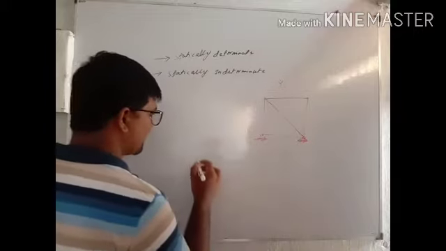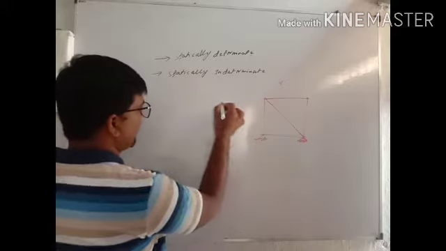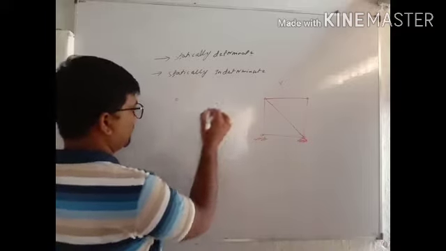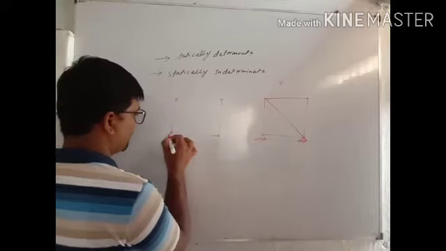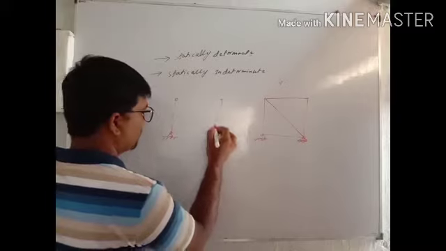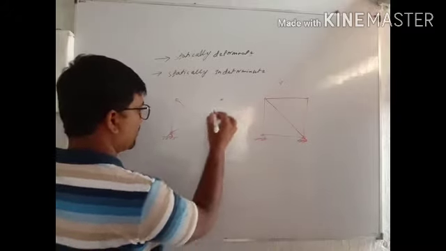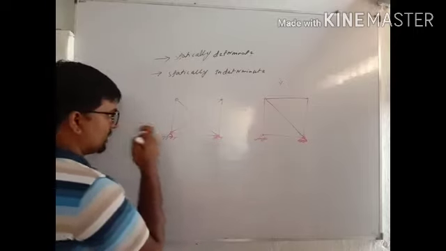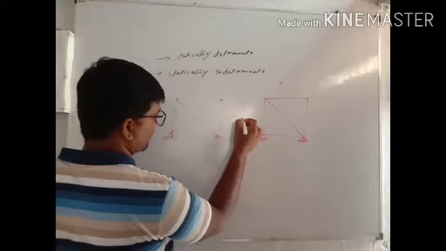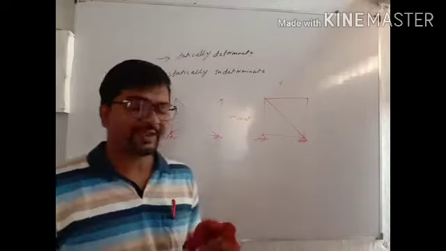If you go for statically indeterminate, I'll draw the same diagram here. So here there is no joint on these two diagonals.